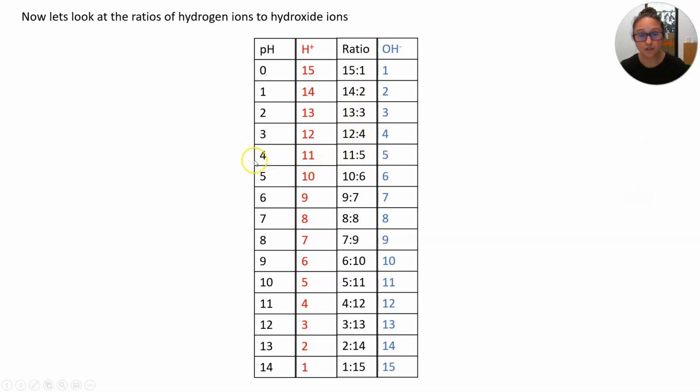At a pH of 4, we have 11 to 5. At a pH of 7, it's 1 to 1. And at the bottom here, we have 1 hydrogen ion for every 15 hydroxide ions. Okay, so that is the ratio.